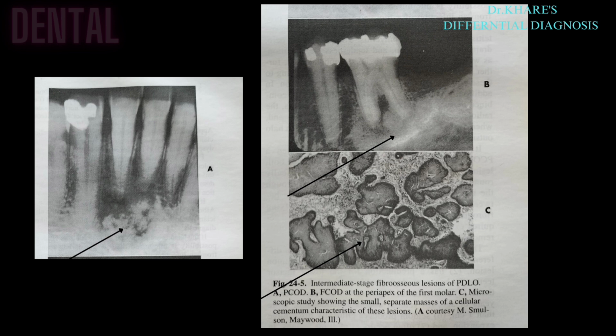These are pictures showing the intermediate stage of fibroosseous lesion of periodontal ligament origin, where radiograph A is periapical cementosseous dysplasia, while radiograph B is focal cementosseous dysplasia at the periapex of the first molar, while picture C is a microscopic study showing small separate masses of cellular cementum, which is characteristic of this lesion.